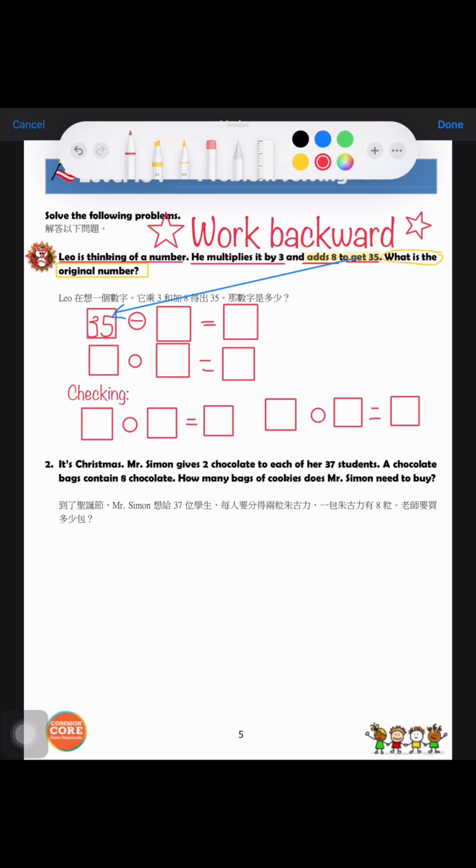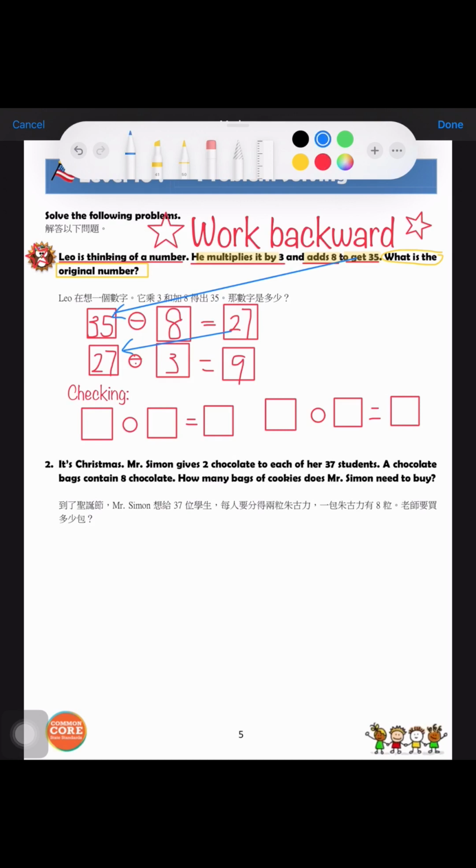So we may change add 8 to minus 8, which equals to 27. And then we may use 27 to divide it by 3, because he originally multiplied it by 3, which equals to 9.